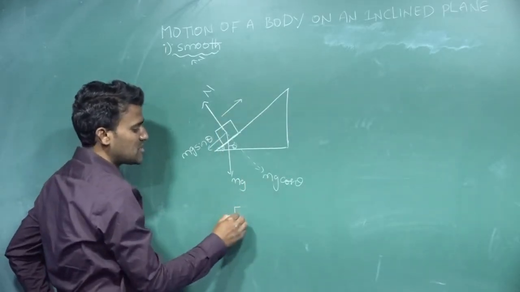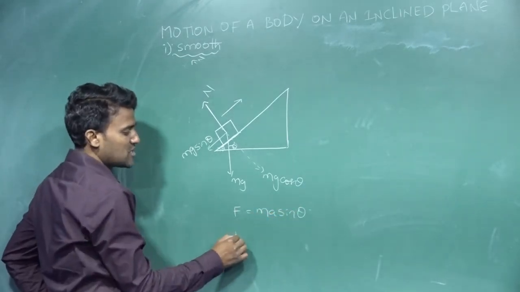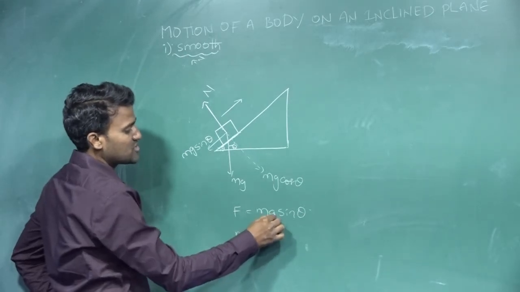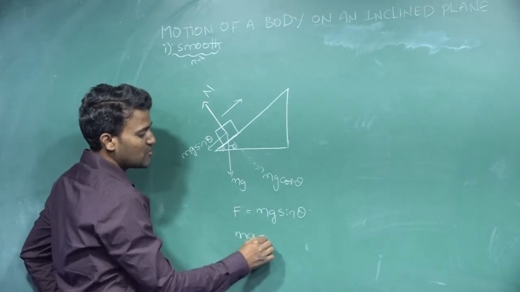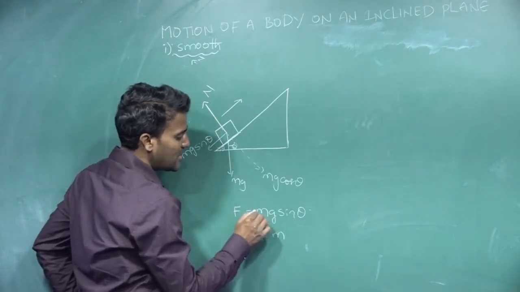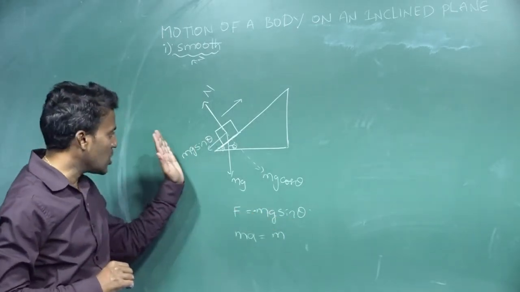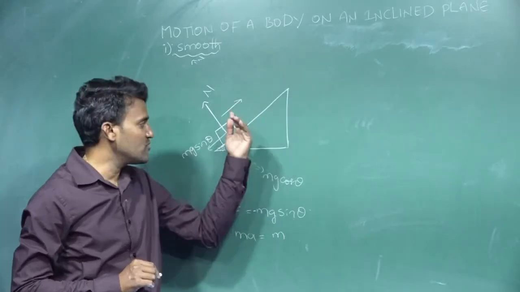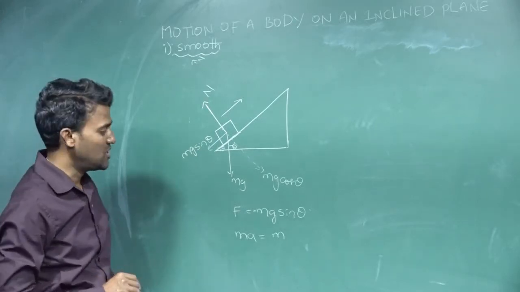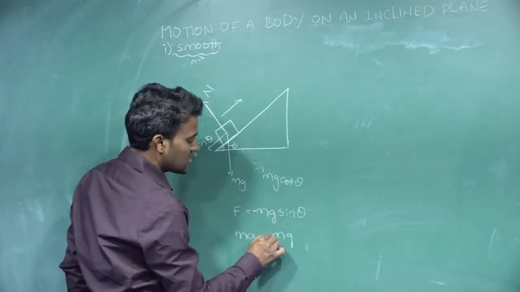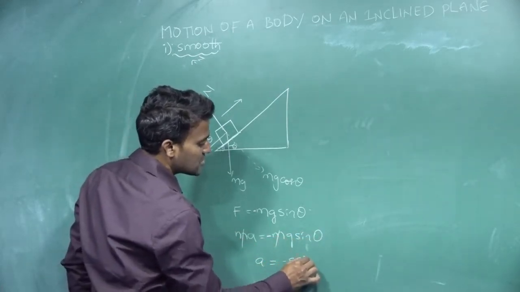At that moment, F is equal to ma, and this one you can write as minus mg sin theta, because the object is going upward but the acceleration is showing downward. Both are in opposite directions. ma equals minus mg sin theta. Here mass gets cancelled. a equal to minus g sin theta.